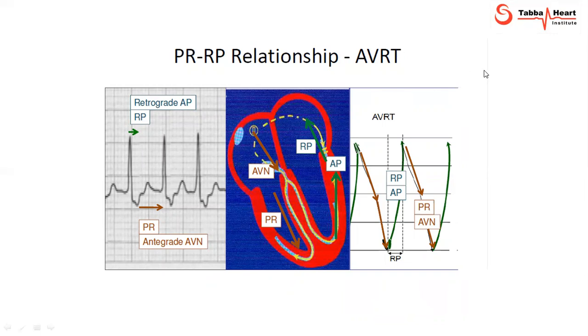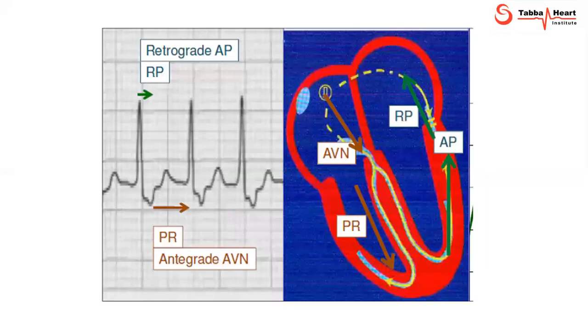Okay, do you understand why it won't be very short there? Because this is a sequence: first atrium, AV node, ventricle, pathway, then atrium. So it makes a circuit, and the V to A is slightly longer than in AVNRT, where V and A activate simultaneously, but it is still a short RP tachycardia.